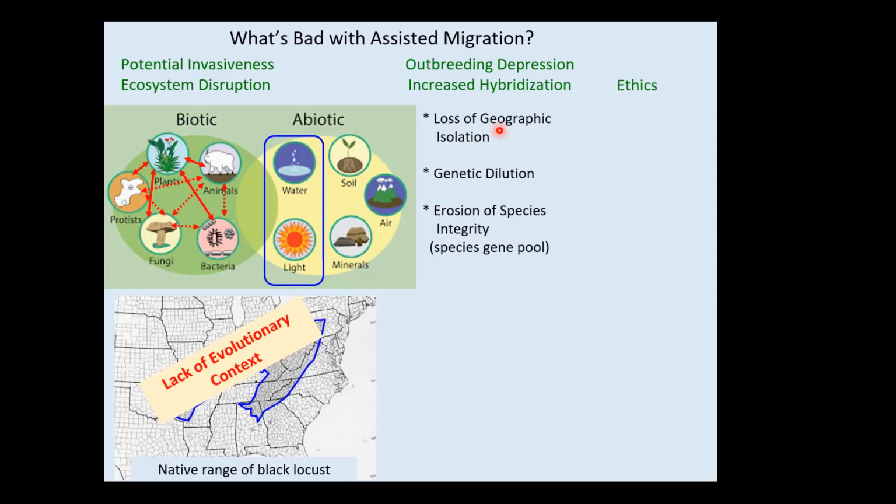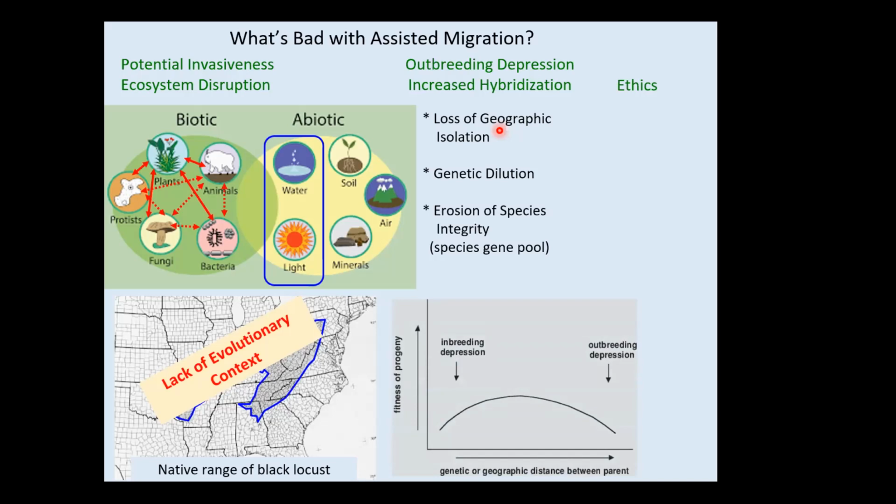That can lead to genetic dilution, now called introgression of genes from one species to another species. Here, again, I'm going to pull up this graph because what's happening is outbreeding depression, but this is different from the ecotypes because now we're talking about an individual from species A putting genes into an individual of a different species, not the same species. When we were talking about this before, we were talking about two individuals of the same species that have a right to reproduce because they are the same species.